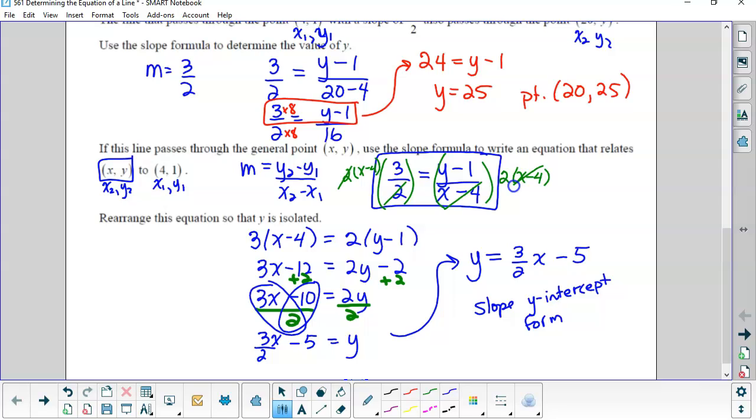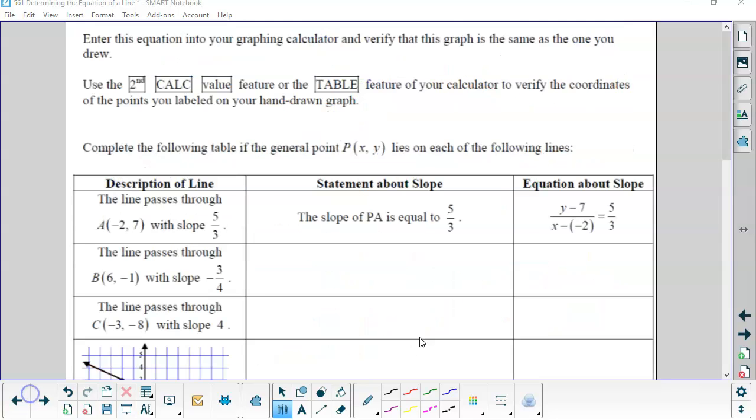So if you know an x value on your line, you can substitute it into this equation and get the y value. It's kind of like those linear relation tables. Now we have an equation for it, much easier than the tables. The next part says enter this equation into your graphing calculator and verify that it's the same as what you drew.